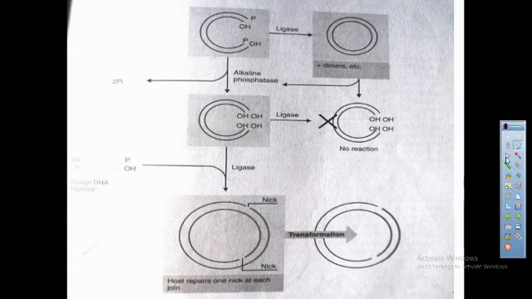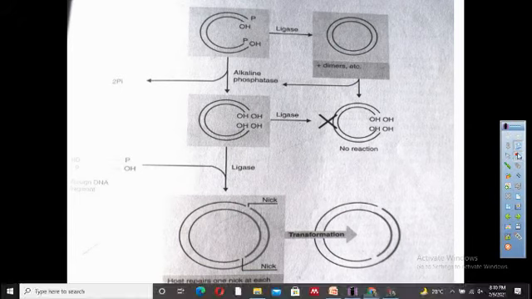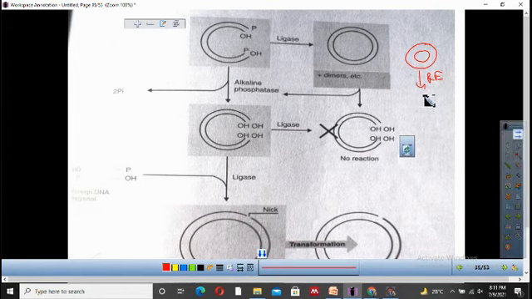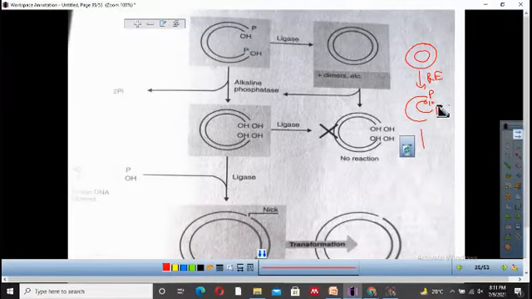Another problem is that when ligation occurs, there is recircularization of the plasmid DNA, because once you cut this plasmid with the restriction enzyme, it has the ability to recircularize and reseal. So how to prevent it? You know that one end is P, the other is OH, then P and OH.